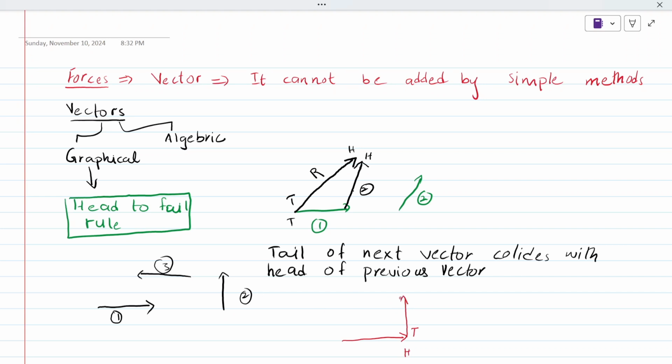We are to place the next vector such that tail collides with the head. Okay. But the thing is, for the very last vector, we are to make it straight. Like the tail with tail and head with head. This is only for the last vector. Okay. Hope you have understood it.